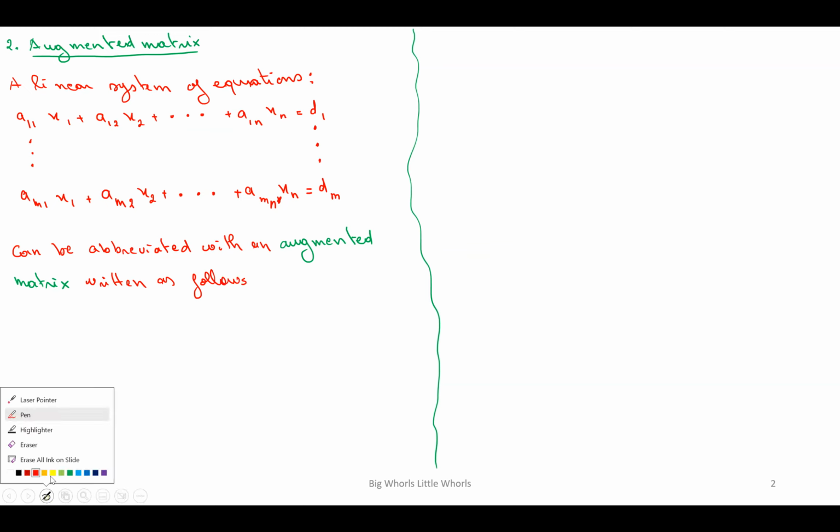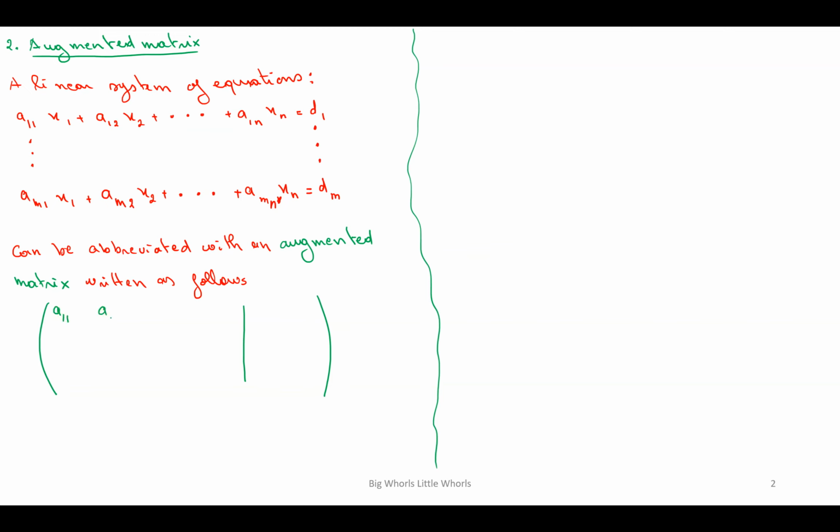So basically we have a big matrix like this, divided into two. On the left hand side we have the coefficients of the system, and on the right hand side we have the constants.